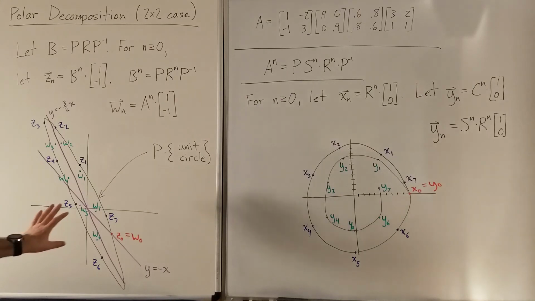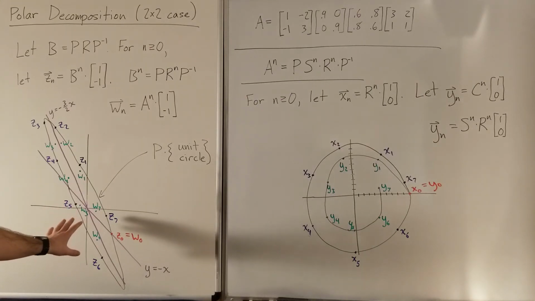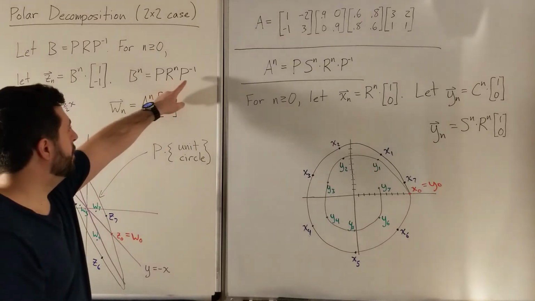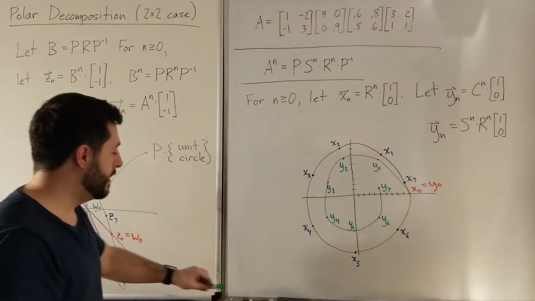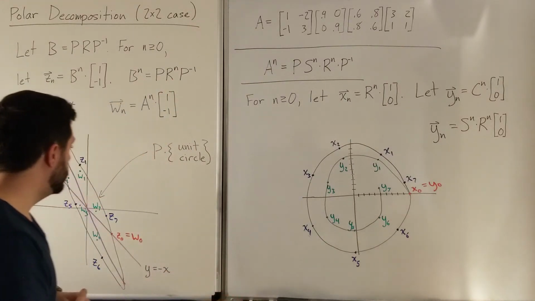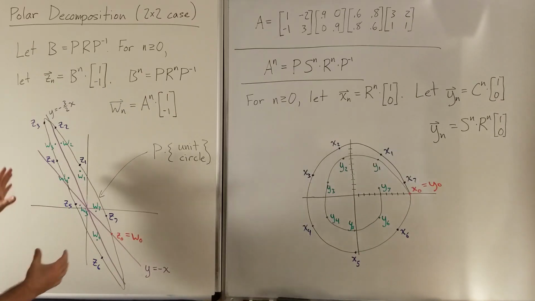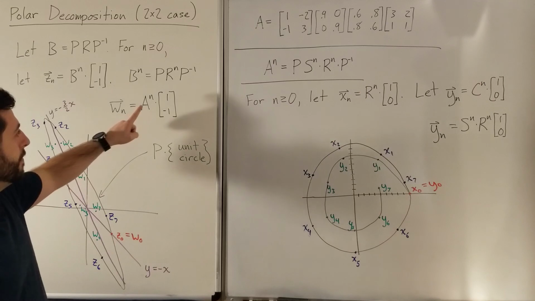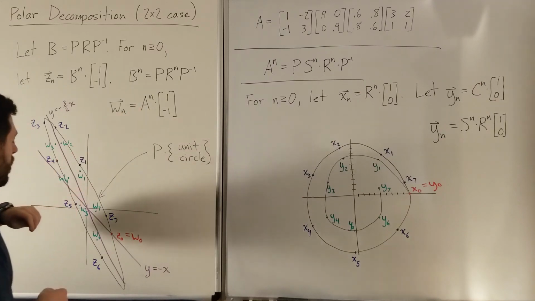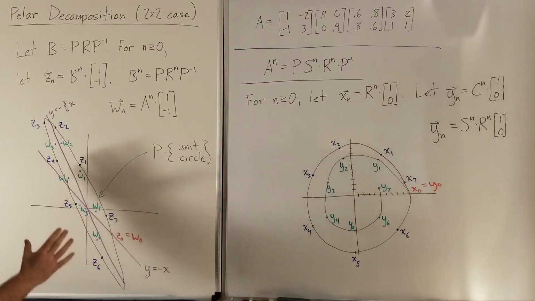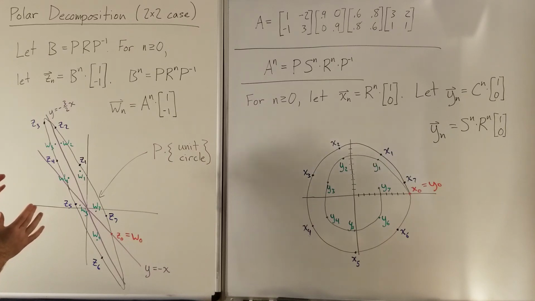Points that start on the ellipse here, after applying the matrix B to them, they're going to end up on the same ellipse. Points that start out on the ellipse, after applying the matrix A to them, will end up on an ellipse that's 0.9 times as wide, or scaled back by 0.9, so it's slightly smaller ellipse.